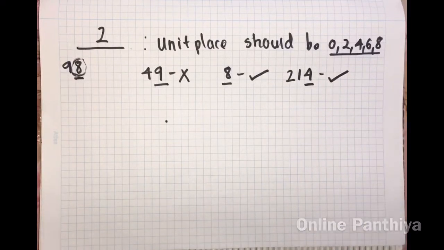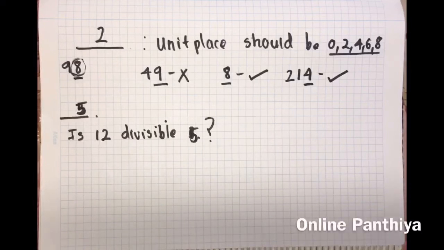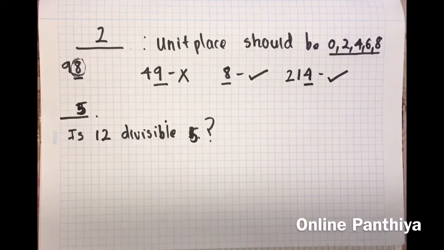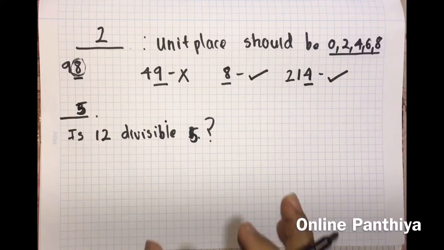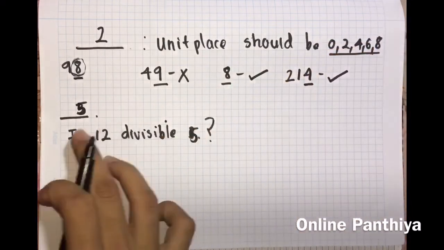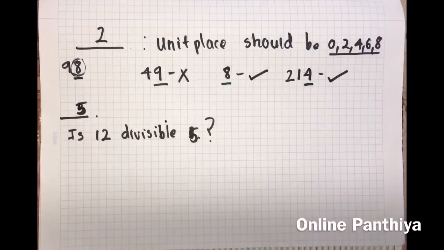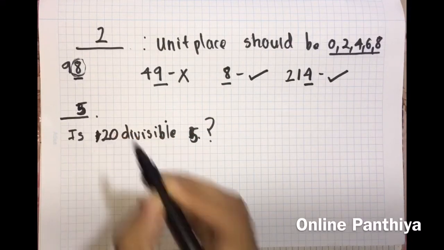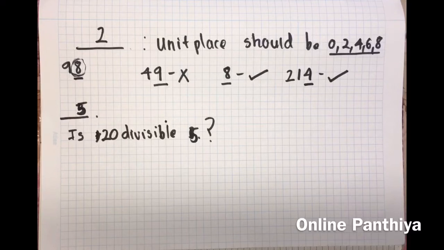Is that clear? Okay, the next part is we are going to check whether a number is divisible by 5. Are you going to divide and check? No. You are going to use a shortcut method in order to find if a certain number is divisible by 5 or not. Let me take a number like 20. It is very easy.